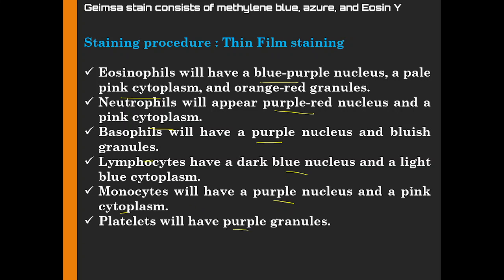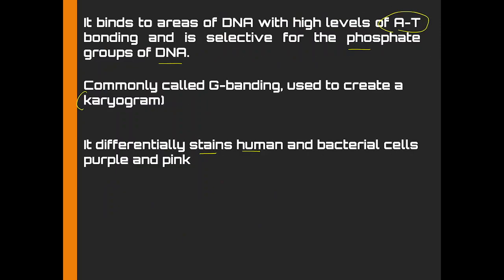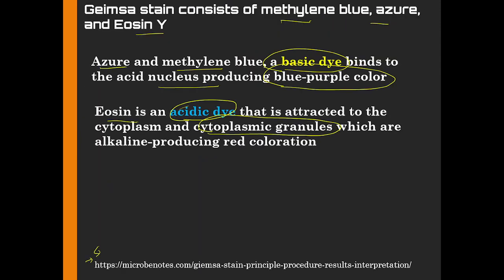If you are wondering why there is this difference in colors, it is based on the pH which is present. Let me take you back to the slide where, as I mentioned, it is a basic as well as an acidic dye, a combination of both. Because of the azure and methylene blue, the nucleus appears blue and purple.